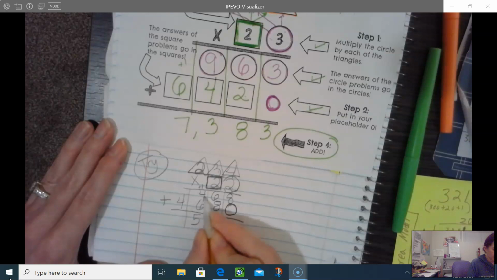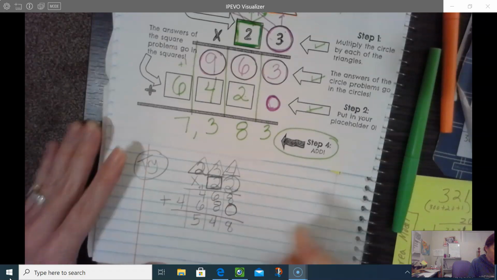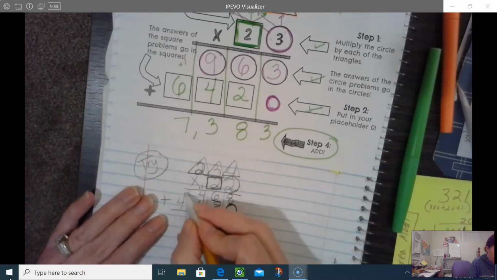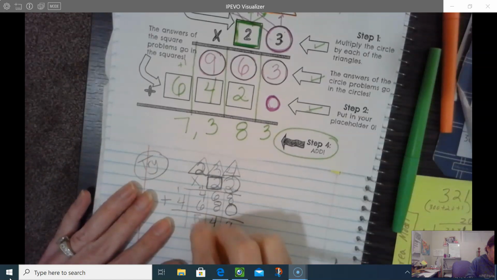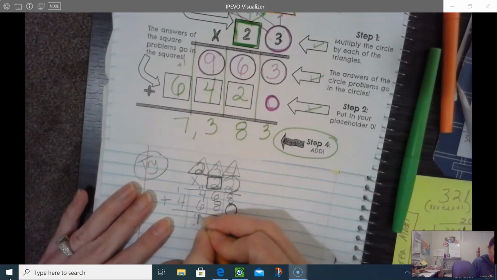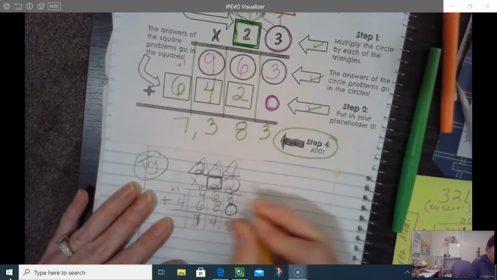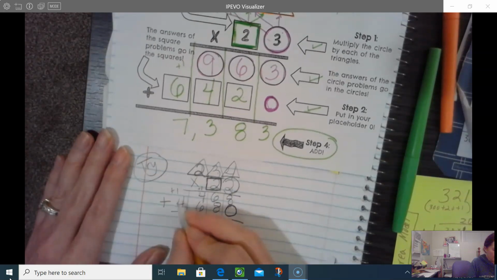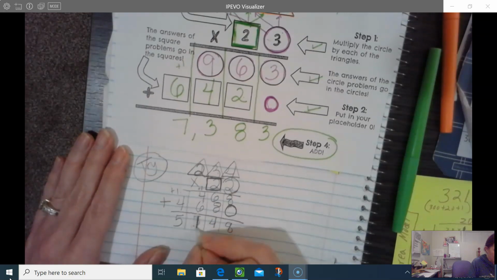Oh, wait, 6 plus 4 is 10 plus 1 more is 11. I'm so sorry. I've got this totally backwards here. Hold on. 6 plus 4 is 10 plus 1 more is 11. My goodness, 1 down, and then I carry up my 1. And then 4 plus 1, that is 5.